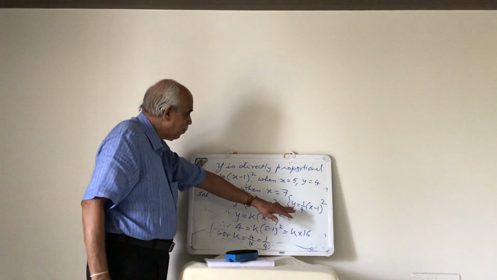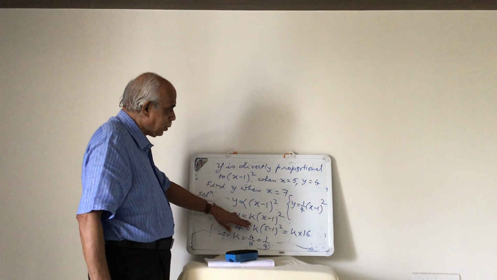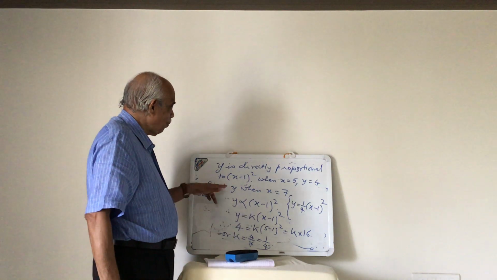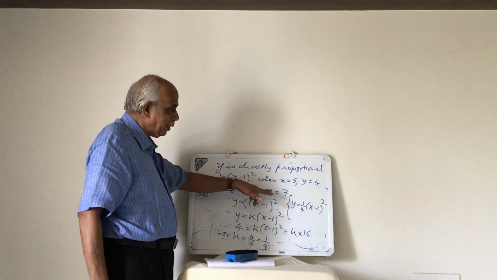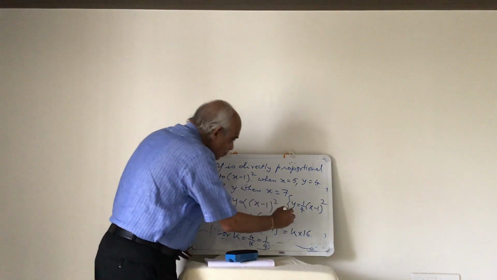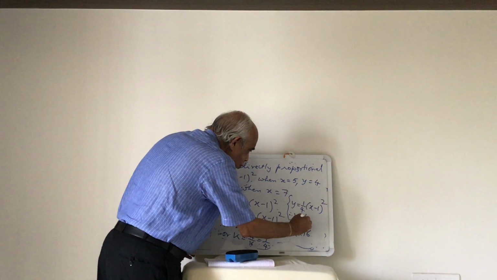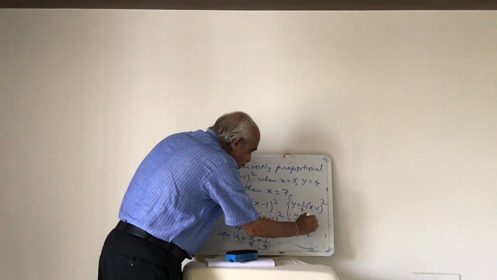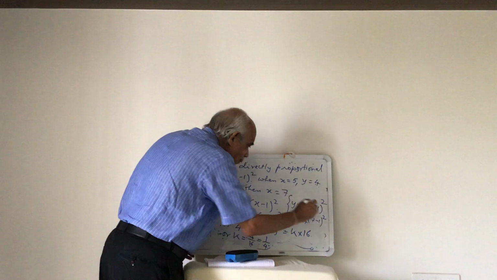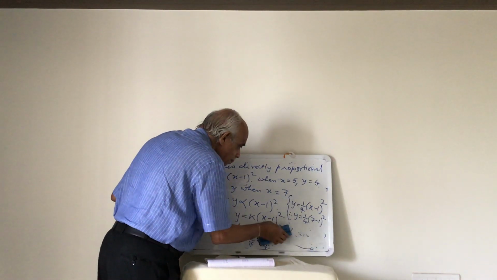Now we have to answer whatever question is asked. These are the first few steps before we find the value of y when x equal to 7. So y equal to 1 upon 4, now 7 minus 1 square.